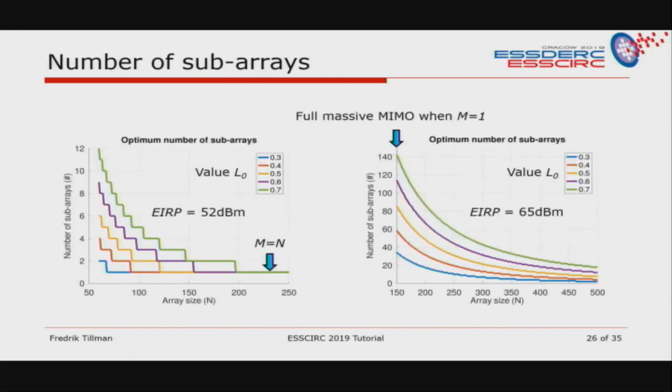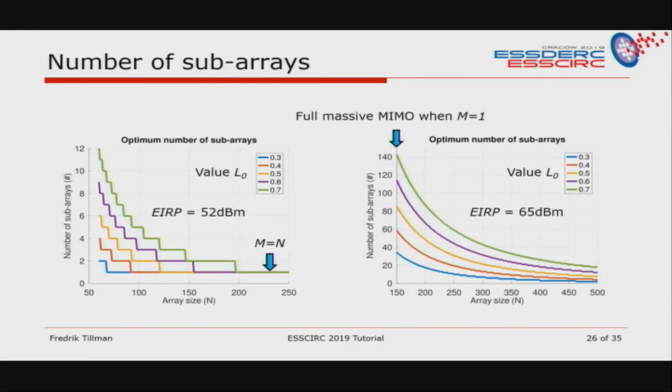So if we look into the number of subarrays in the system, it looks like this. It's basically the same curve as before, but now we just take the inverse, you might say. So we look at the number of subarrays, and we can see that when the array size is small, we're going towards a massive MIMO system. You see that the optimum M value is going towards 1.